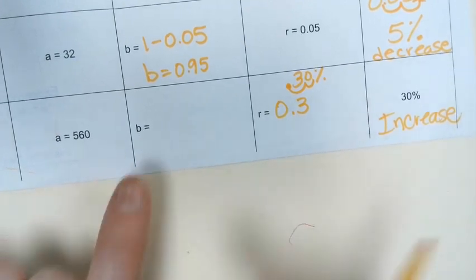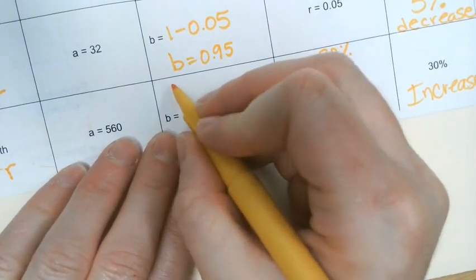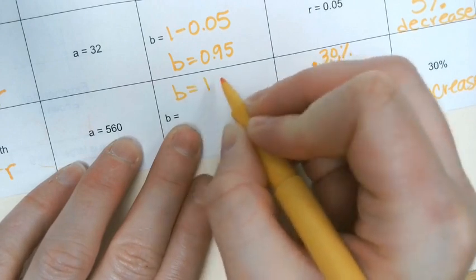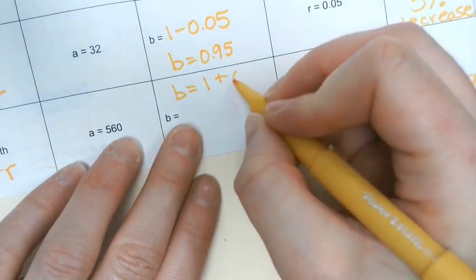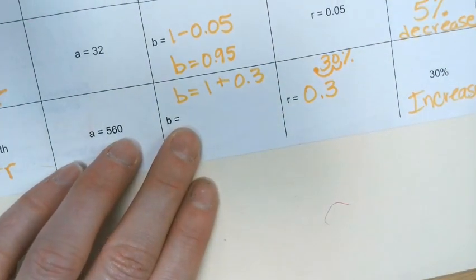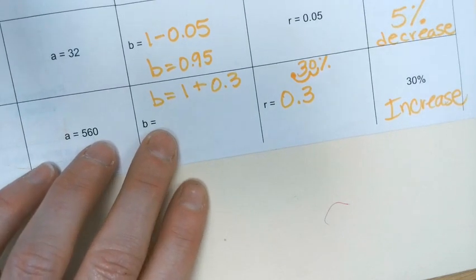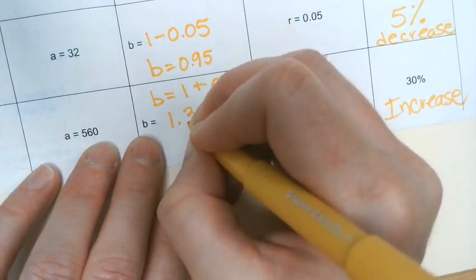To find B, we're going to use that 1 plus the rate. The rate is 0.3. So when you add 1 to 0.3, you get 1.3.